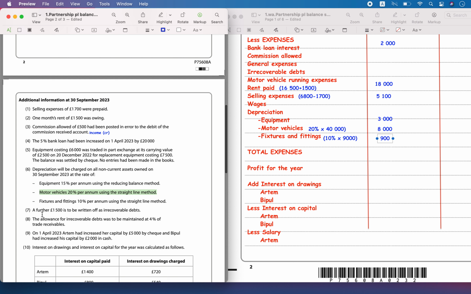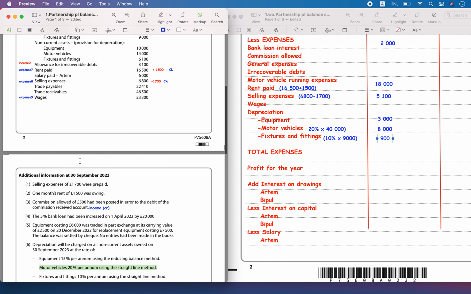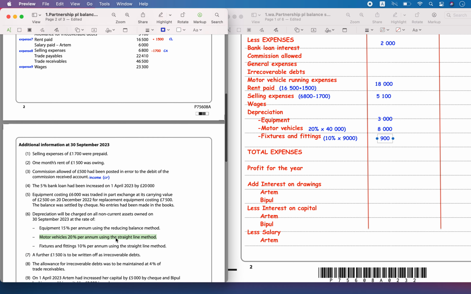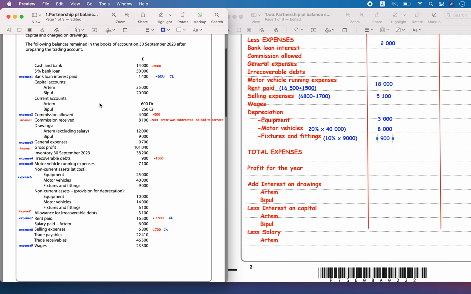Next we have a further 1,500 pounds written off as irrecoverable debt. So let's adjust for this. Okay, so irrecoverable debt, so we are seeing that trade receivables was at 4,650, right? So there is an allowance for irrecoverable debt and there is an irrecoverable debt also.